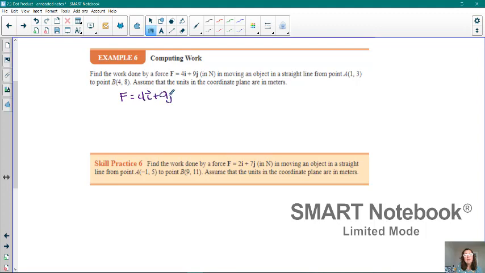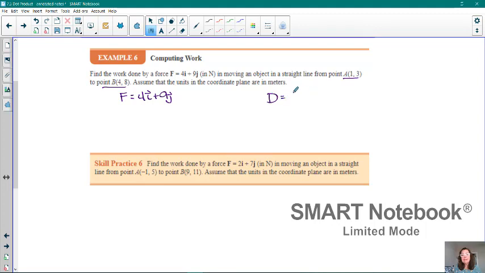Now, we have some information about displacement, but we would like that to be in a more computationally friendly form. So we want it to have an initial point at (0, 0). We want it to be in standard position. So we're going to rewrite this into standard position, and I'm going to call it D for the displacement vector.